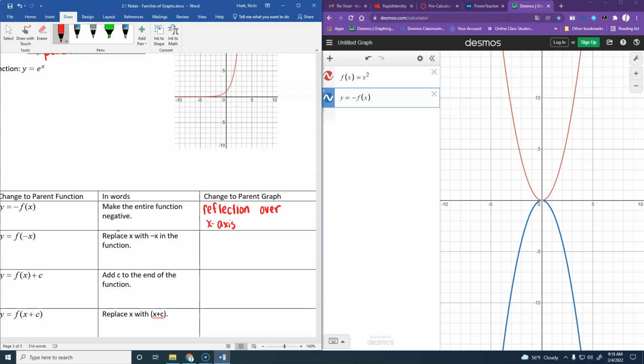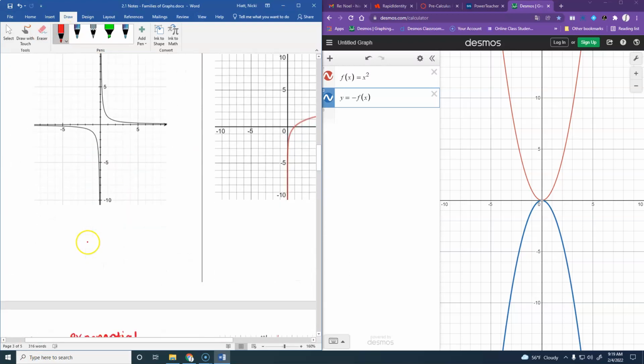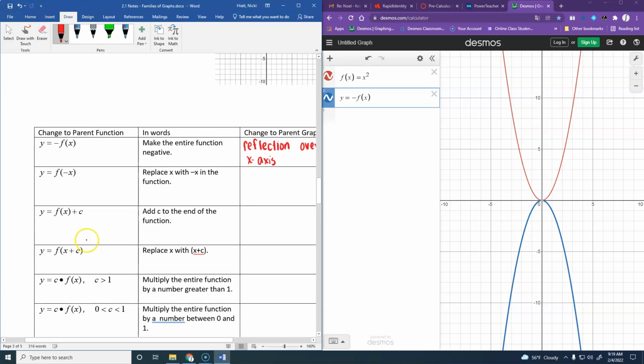If we let f of x be x squared, it would look like this, y equals negative x squared. No parentheses, just a negative out front.